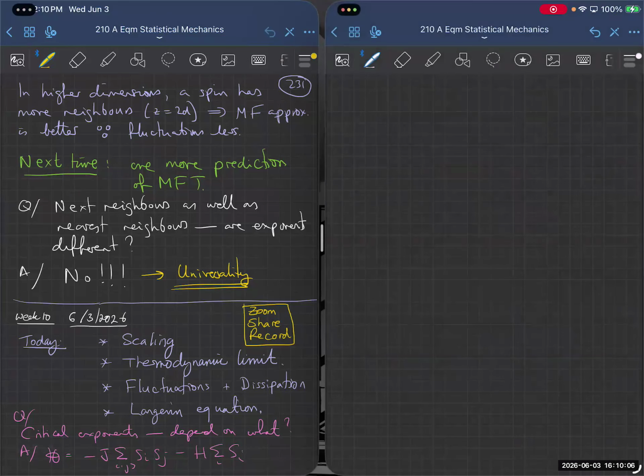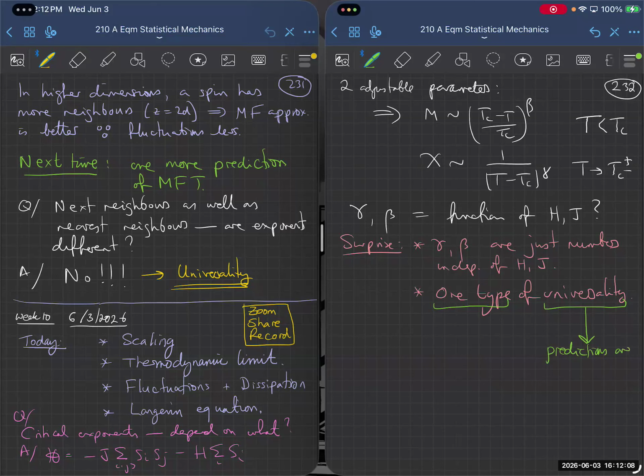And why do I say one type of universality? Well, let's just talk about universality. So universality in this context means that the predictions are the same for all magnetic materials.